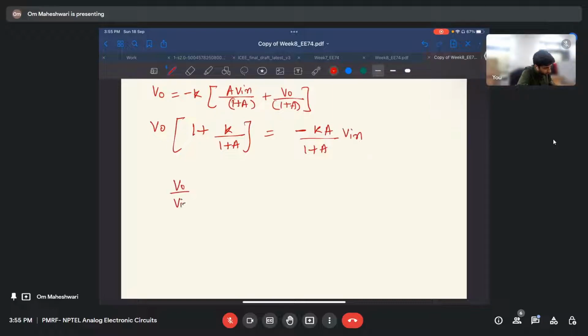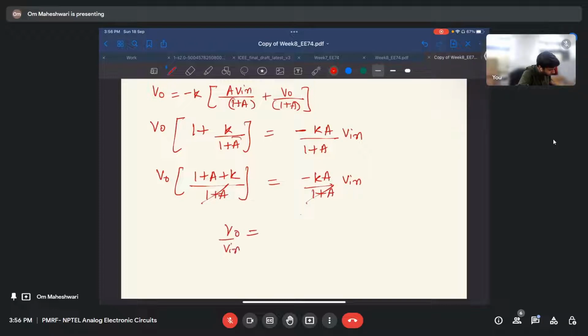So VO by V in is minus K A by 1 plus A, divided by 1 plus K by 1 plus A. So cancel this. VO by V in equals minus K A by 1 plus A plus K.